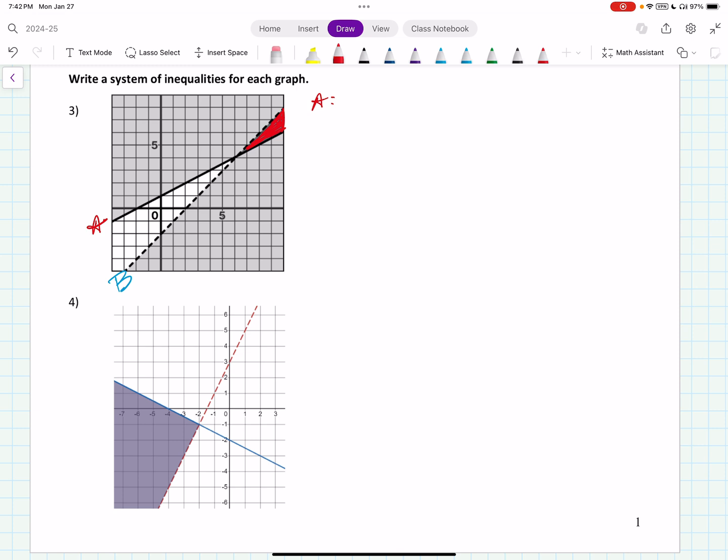To make that happen, the solutions have to be above this boundary line. To also make that happen, solutions have to be below this dotted boundary line, because remember, it's the intersection. So if you're above the solid line and below the dotted line, then you're in that red area, and that is called the solution region.